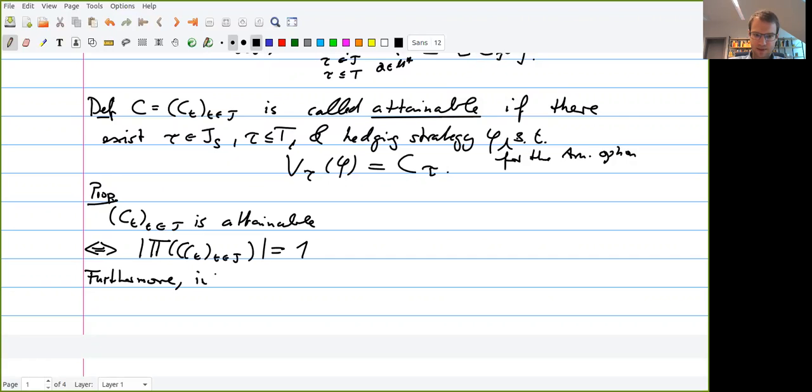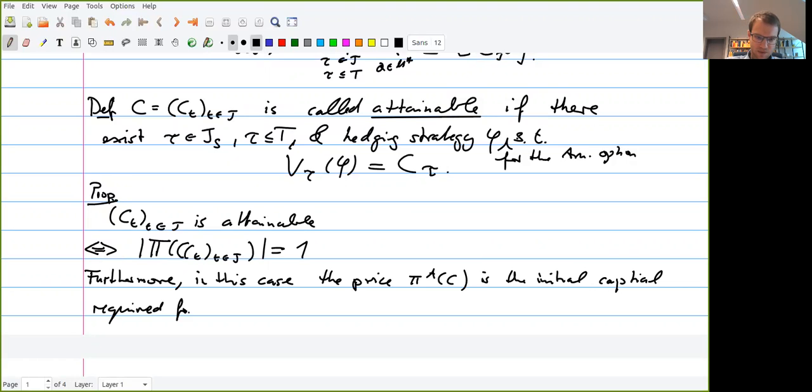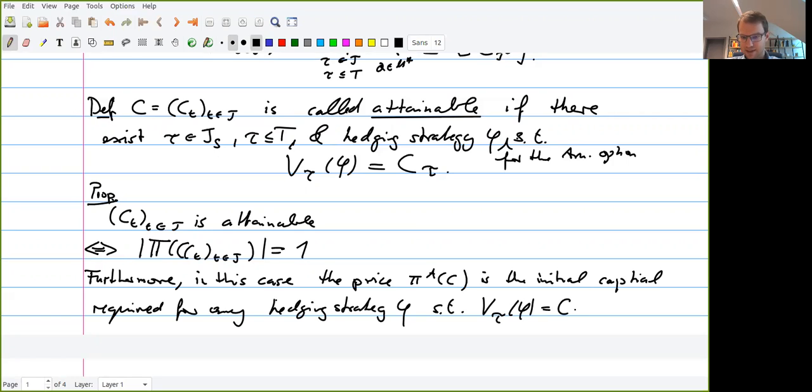And furthermore, in this case, if it's attainable, then the price P, the arbitrage-free price of the American option C, is the initial capital required for any hedging strategy such that, if I stop my trading with respect to a certain stopping time tau, I exactly get the payoff of the American option.